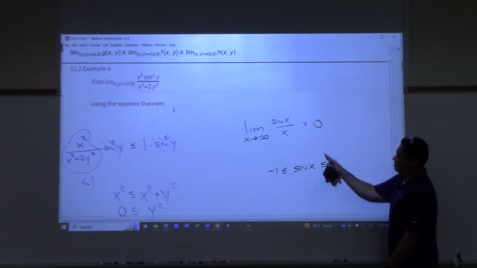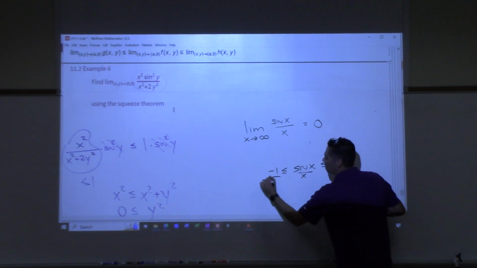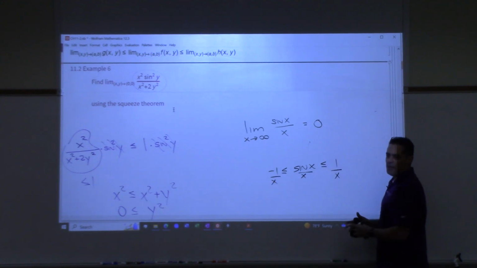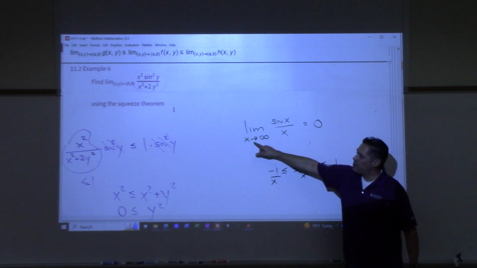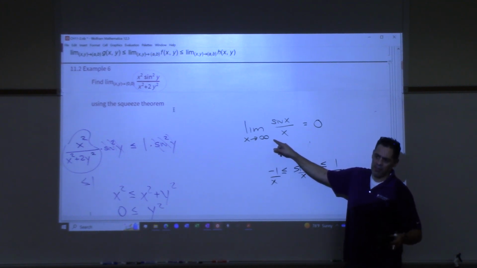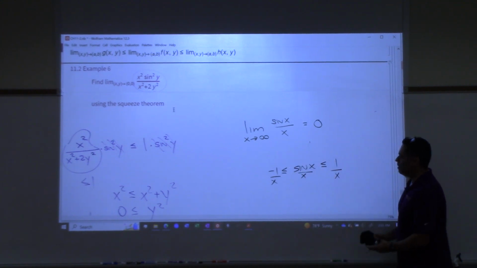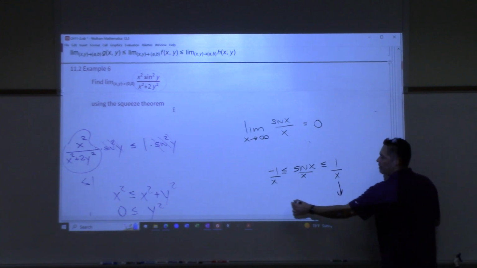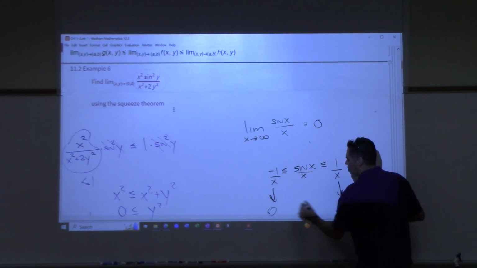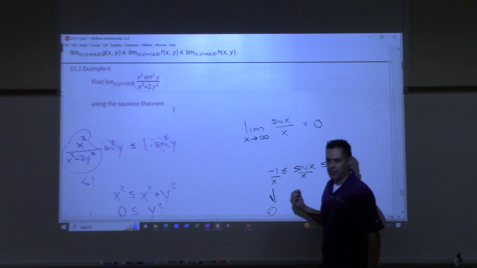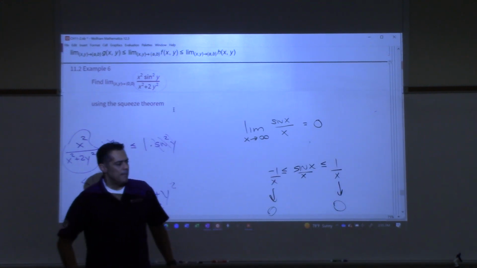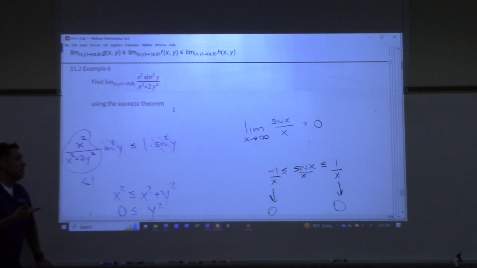And now you divide everything by x. You don't have to worry about flipping inequalities because you're letting x go to infinity, so you're going to assume that's a positive number so that this doesn't flip. And then you take the limit of that and the limit of that as x goes to infinity. You get 0 and 0, and then that forces that to be 0. So most of the time when students see squeeze theorem for the first time, it's something like that. So they start to associate squeeze theorem with trig functions, but it really can be anything.